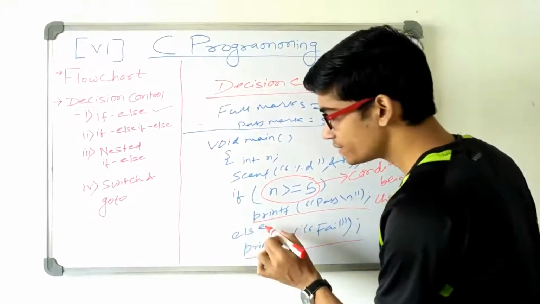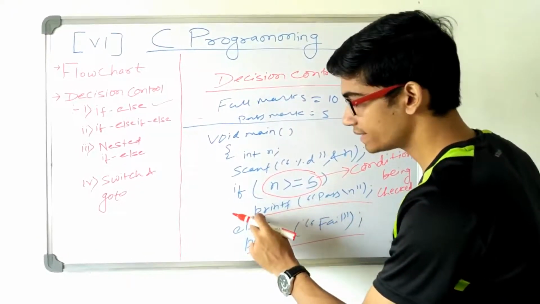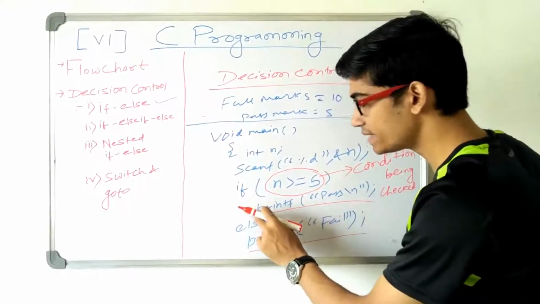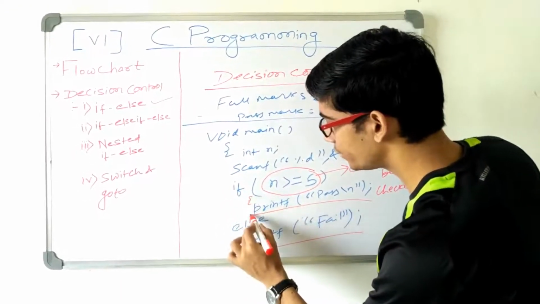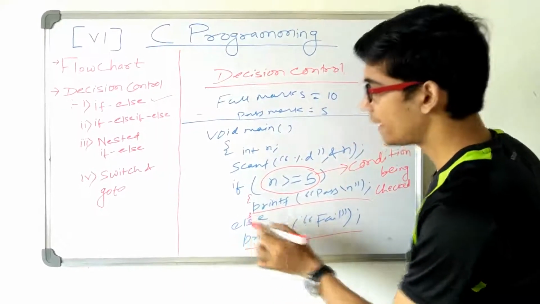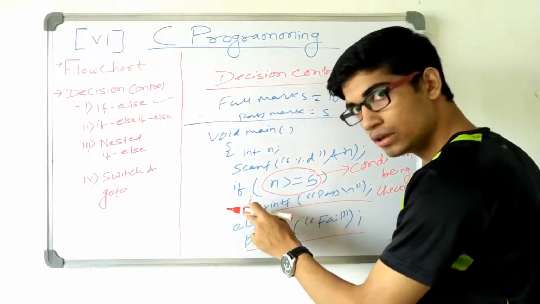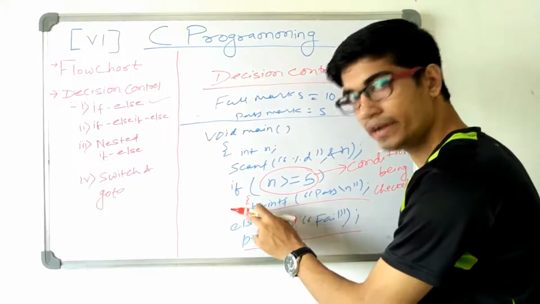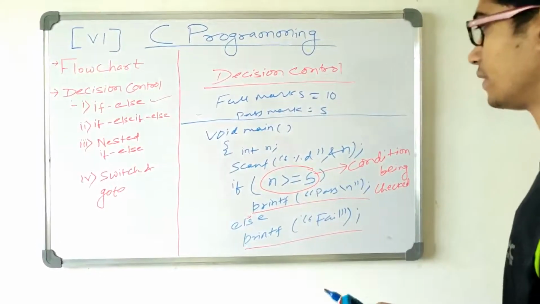Again, if there is only one statement, then you need not apply curly braces, but if there is more than one statement, then you have to apply curly braces. Like this, if there were more than two statements, we would have applied them. If there is only one statement, applying is good, not applying is also fine, but it is always recommended to apply the curly braces. Okay, so this was about the if else.